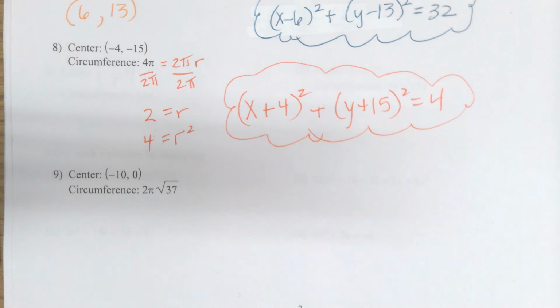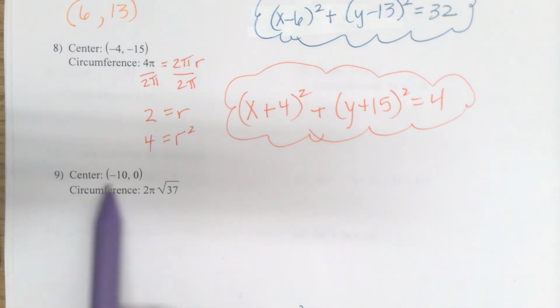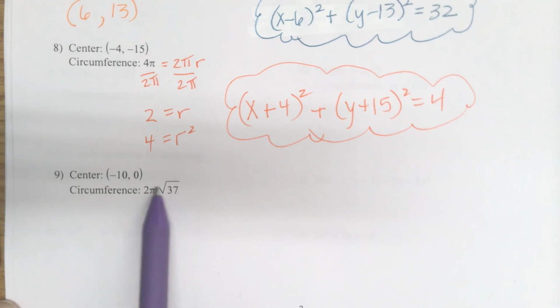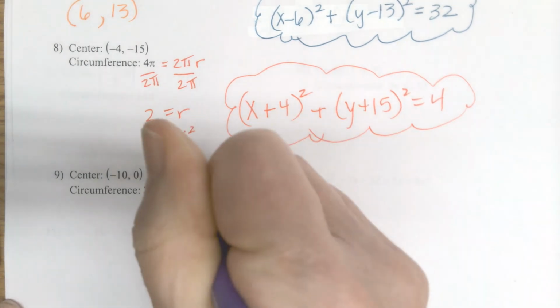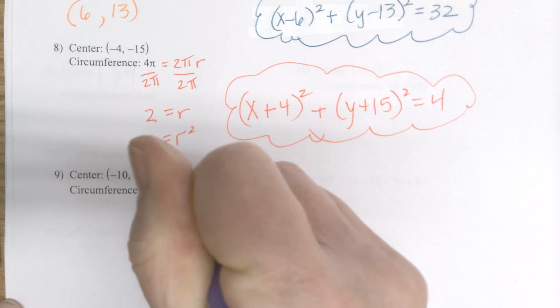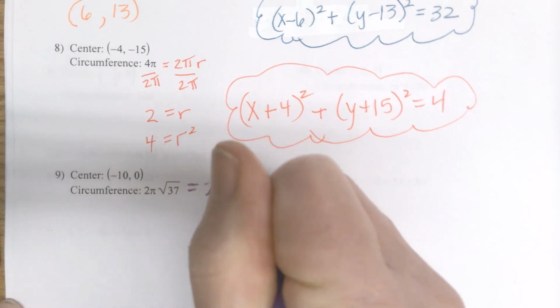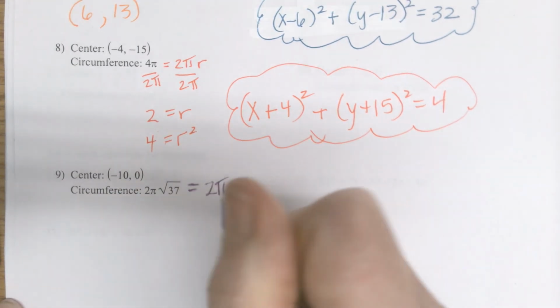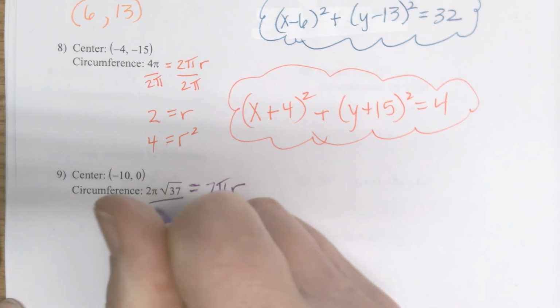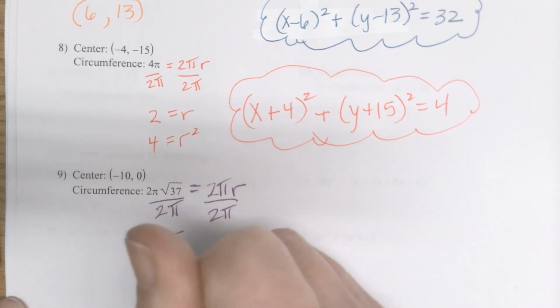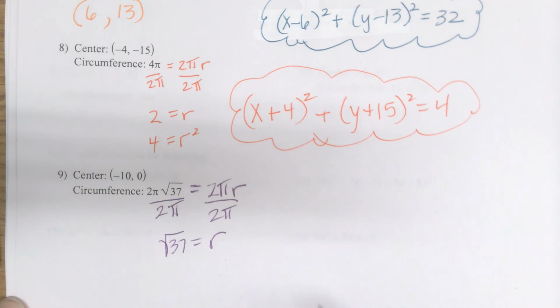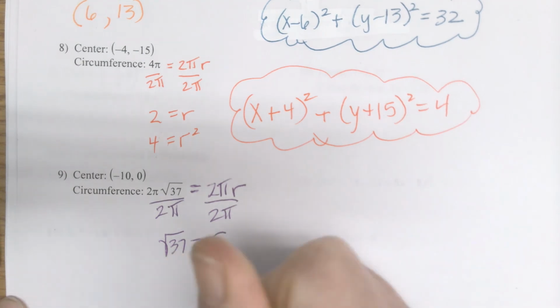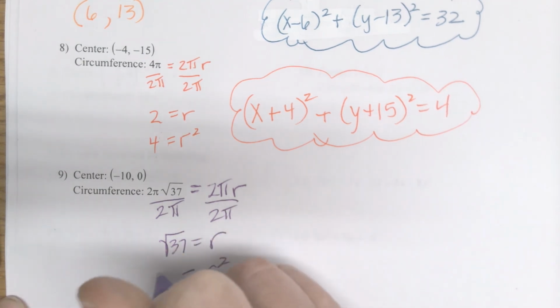And again, if I look at another similar problem, I have this last one. My circumference looks even more difficult. But again, if I remember what a circumference is, 2 pi times the radius, if I divide the 2 pi out, I get the square root of 37 equal to r. But again, remember that I need r squared, so r squared is 37.